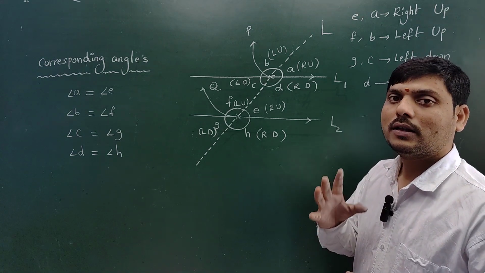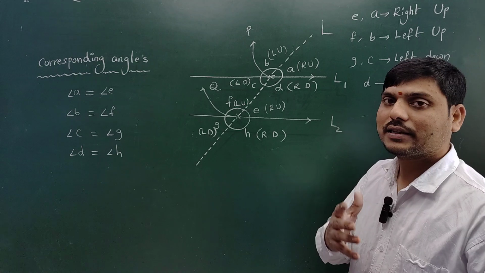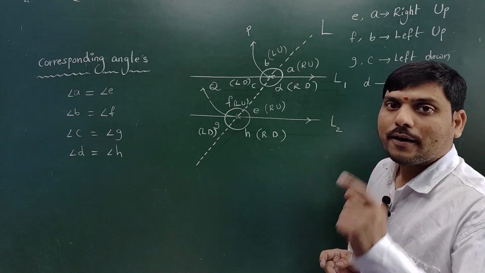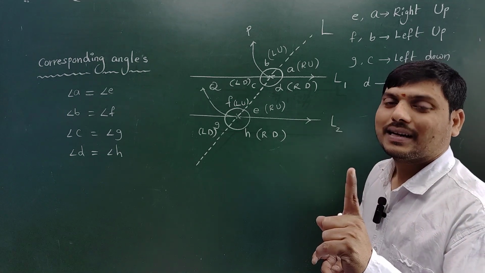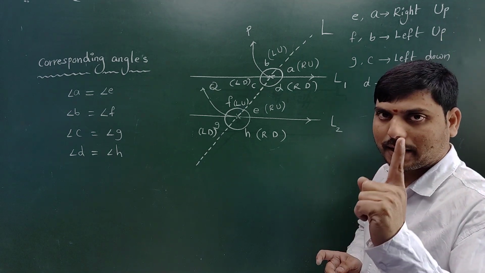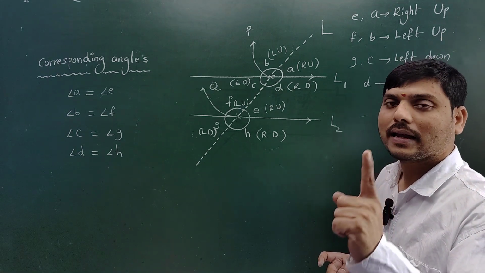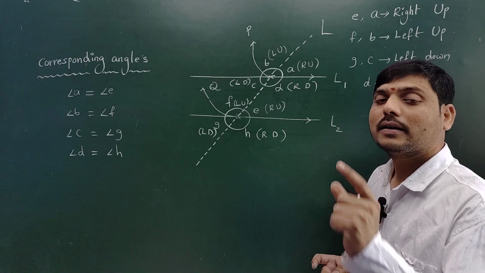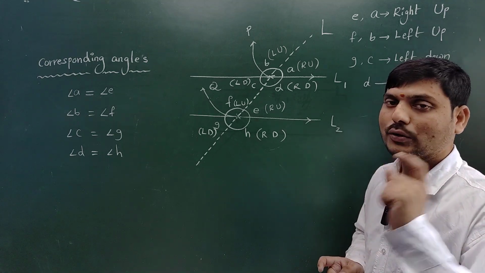One very, very important statement, once again, listen carefully. If just one pair of corresponding angles is equal, then the given two lines are parallel to each other.